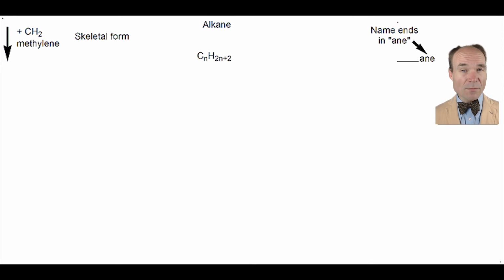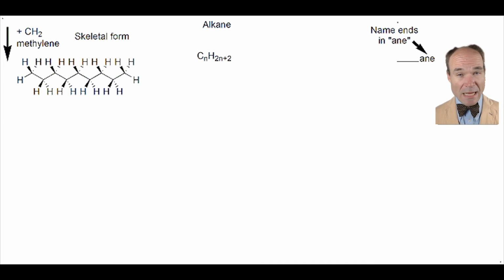Okay, going from 8 to 9, we're adding another carbon as a methylene. So 2 hydrogens are coming with it. Here we have the 3D structure. And here's the simplified skeletal form. The molecular formula is now C9H20.